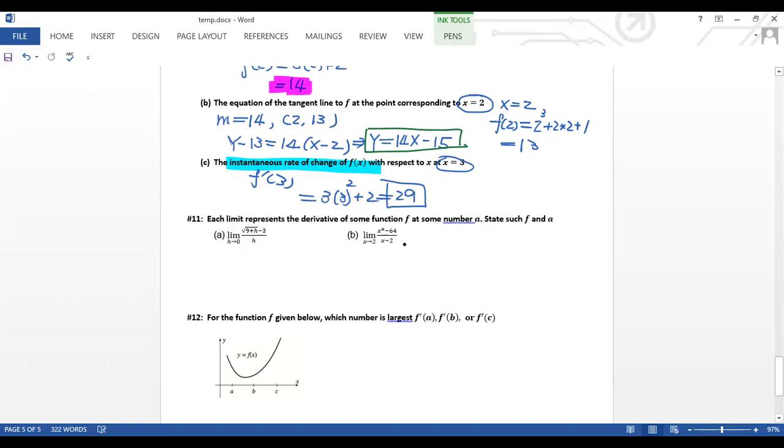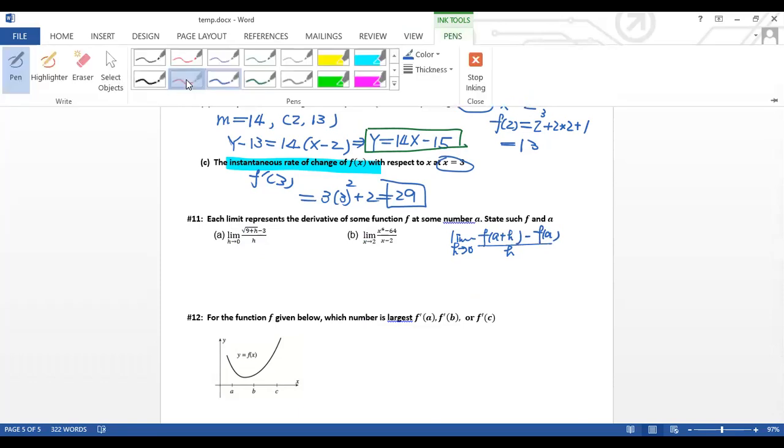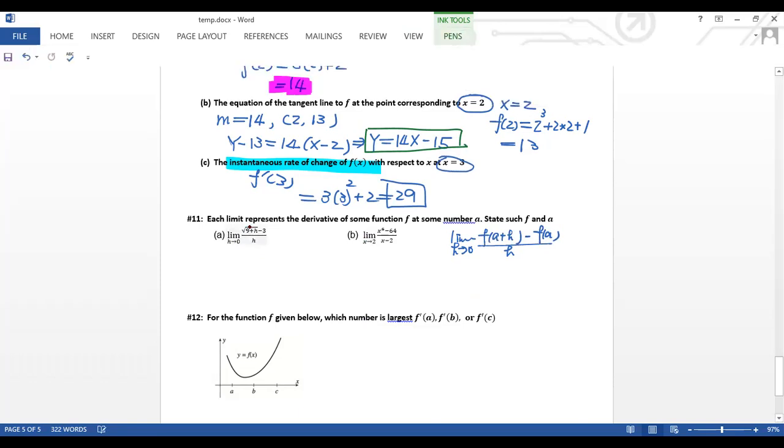If you see the h here, it's the definition, the limit as h approaches 0 of f of a plus h minus f of a over h. So I know the a here. Looking at the problem, what is the a? A is 9.